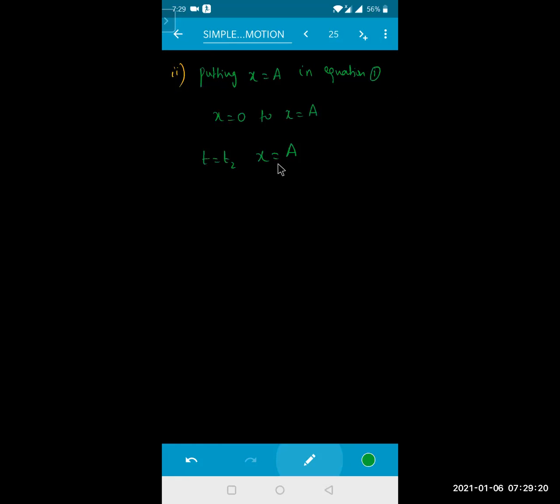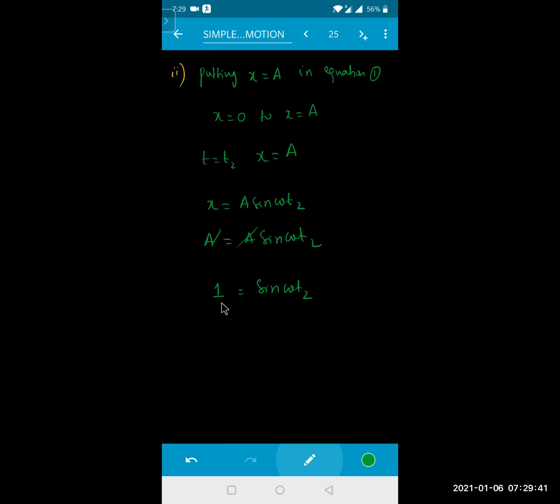A. So if I'm using the equation x is equal to A into sine of omega into T2, x is equal to A, that is also equal to A into sine of omega into T2. A and A get cancelled right now from this one. So this is 1 is equal to sine of omega into T2.